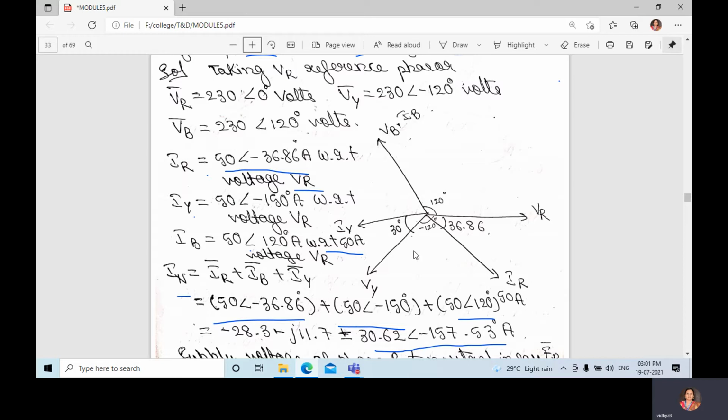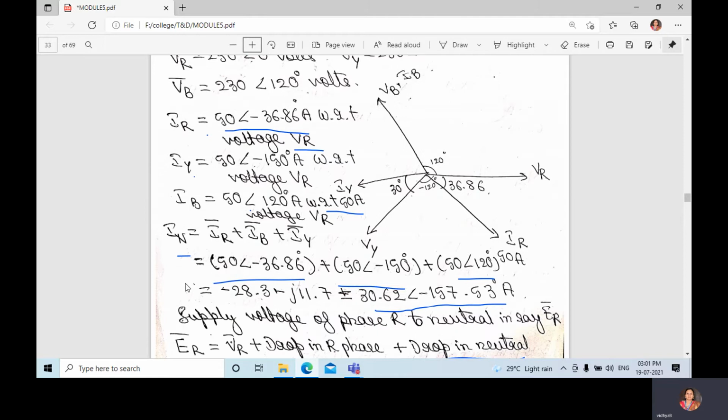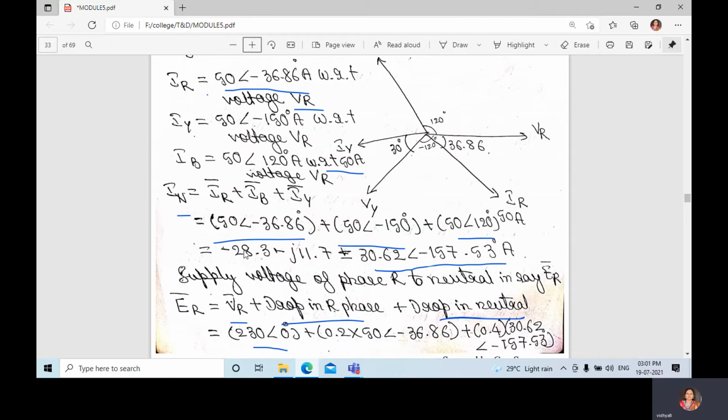IY you will get at minus 156.86. And what about IB? You will get 50 at angle 83.14, with respect to the current. Next, if you add the overall neutral current IR plus IY plus IB, then you will get 30.62 at angle minus 157.53 amps.